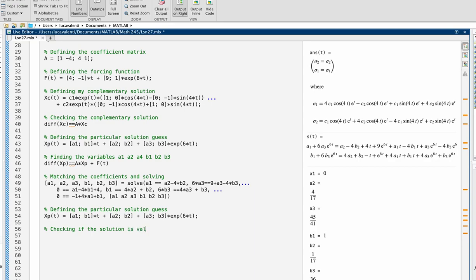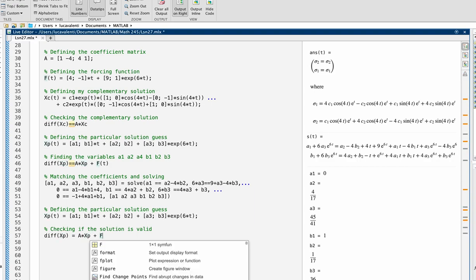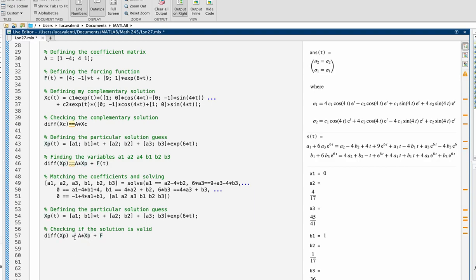Is valid. So how do we do that? We find the derivative of x of p, and we say that that's equal to A times x of p plus f. And we want to see if the left-hand side is equal to the right-hand side.